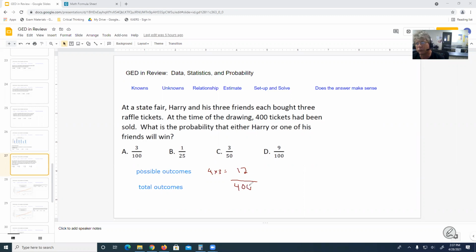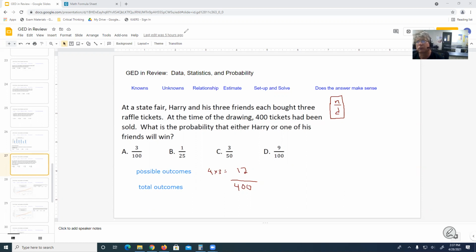So 12 out of 400 would be their probability. And with most fractions, they're going to reduce. And as we mentioned before, on the GED calculator, there's a special button referred to as the N over D button that you can use to reduce fractions. So notice that calculator button seems to be very useful on a lot of the questions we've been dealing with.